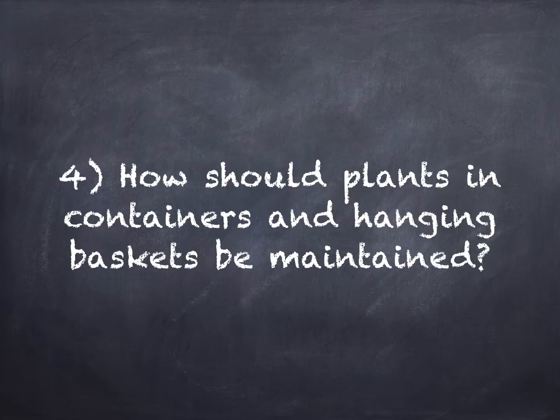So how should plants in containers and hanging baskets be maintained? Again, hanging baskets and some other containers like tubs are planted up sometimes with bedding, again with summer bedding or winter bedding or spring bedding.